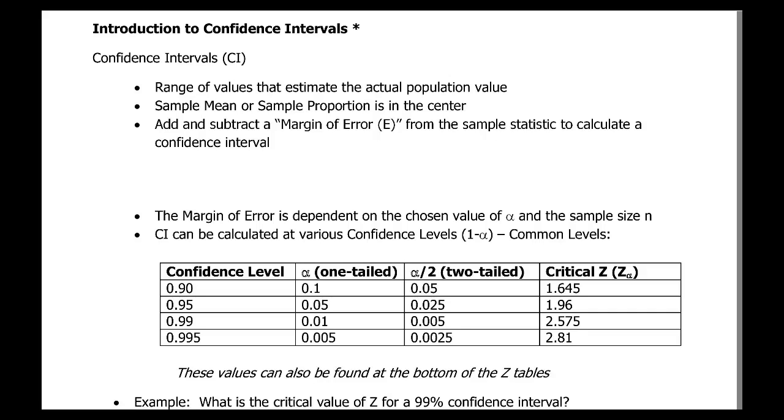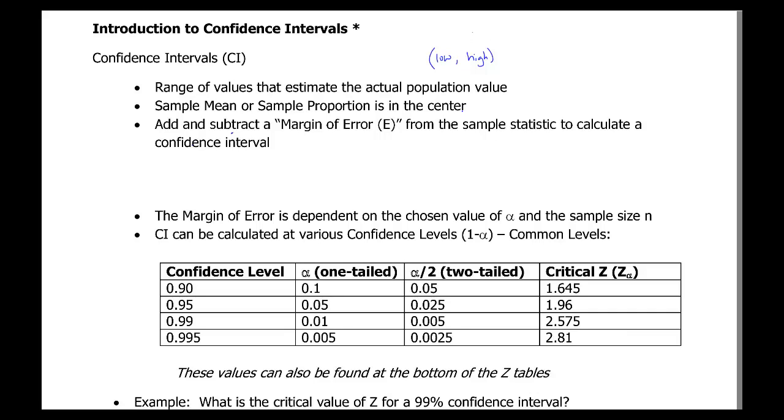It's a range of values that estimates the actual population value. So when you take a sample, you are not sure, in a lot of cases, what the actual population mean might be. So you can estimate, so your range will be some low value to some high value.